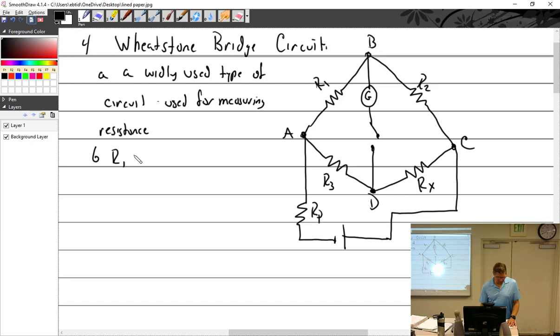So R1, R2, and R3 are precision variable resistors.